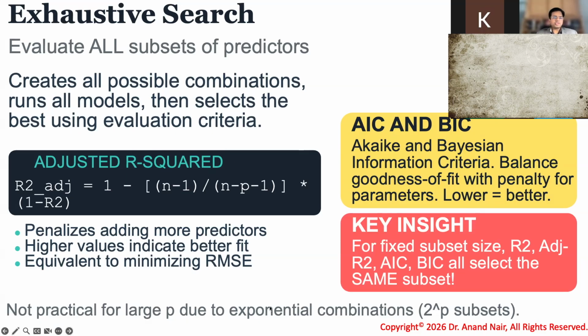So it's a good approach. The only challenge is that it is not practical when we have a large number of predictors. In many practical scenarios, we will have as many as 52 different variables, like our case study had 52 variables, and doing all possible combinations shoots up exponentially. So it becomes quite expensive.